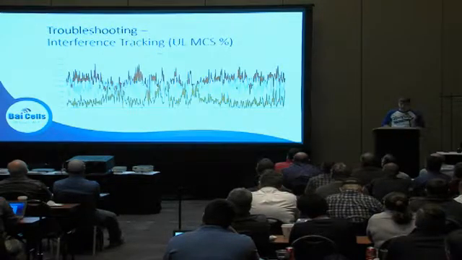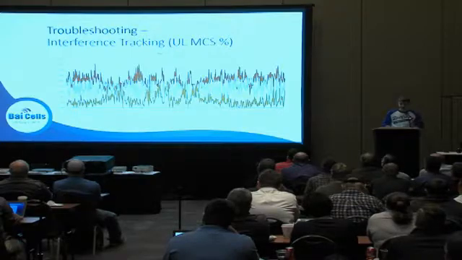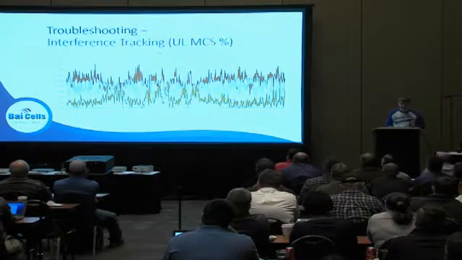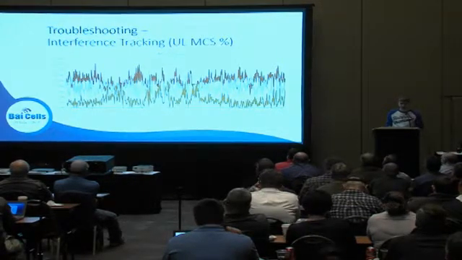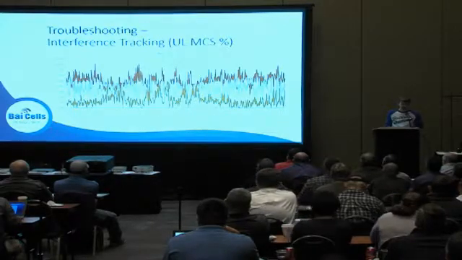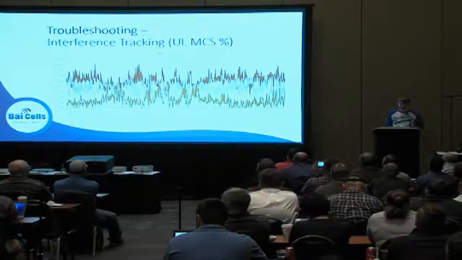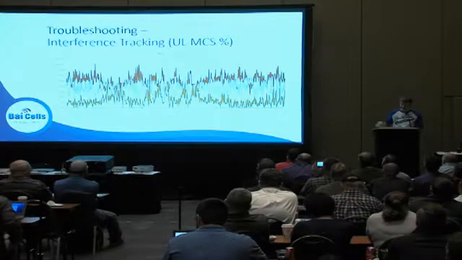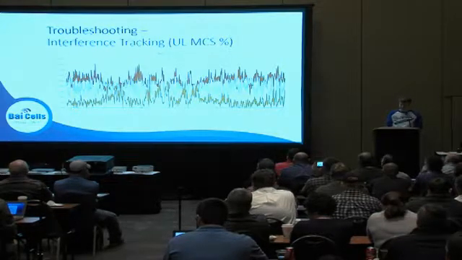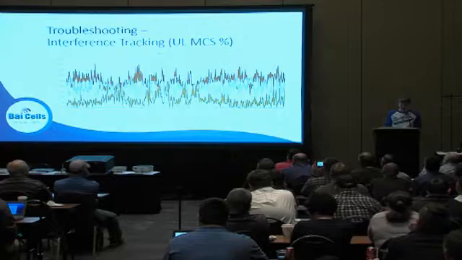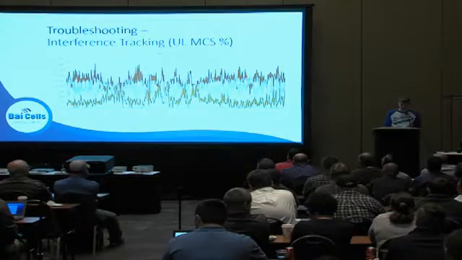Then here's the uplink. Uplink MCS is a little bit more difficult to track due to the nature of every UE's TX power going up and down, but you can kind of view it. You can see that during the downlink MCS drops, the uplink MCS was also dropping at the same time.